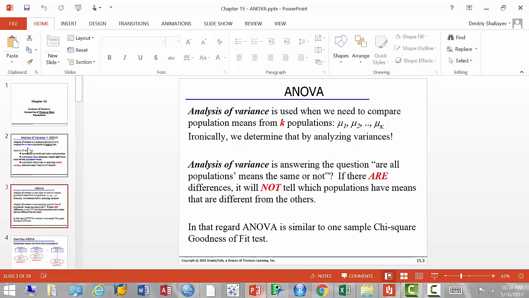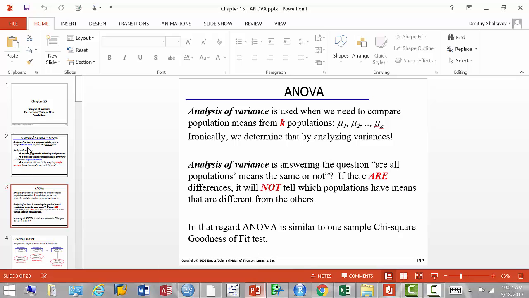All right, so ANOVA, in one test, like I said before, can compare multiple populations together. So you have k samples. K can be any number, k columns of numerical data, and the test is extremely easy to formulate. It's very simple.